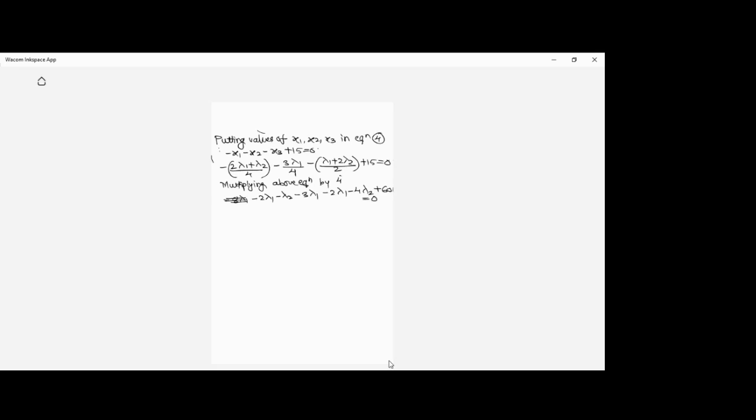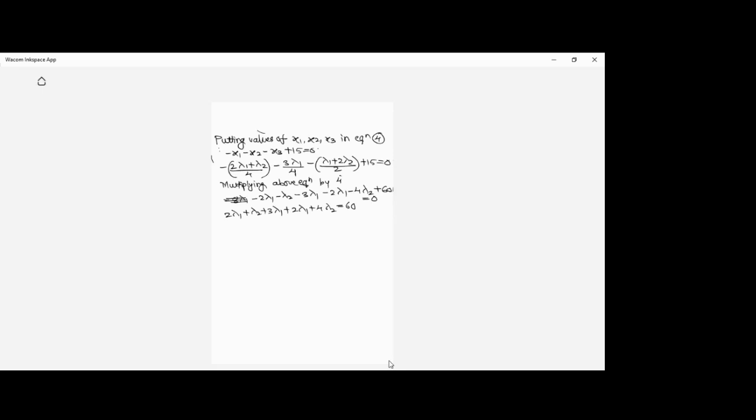So solving this equation properly, I can write 2 lambda 1 plus lambda 2 plus 3 lambda 1 plus 2 lambda 1 plus 4 lambda 2 is equal to 60, right?